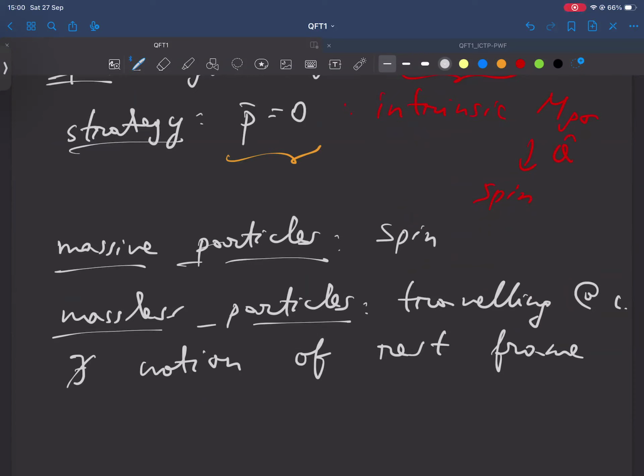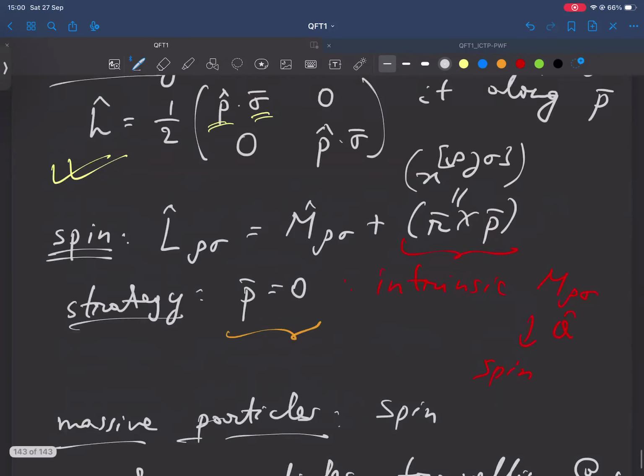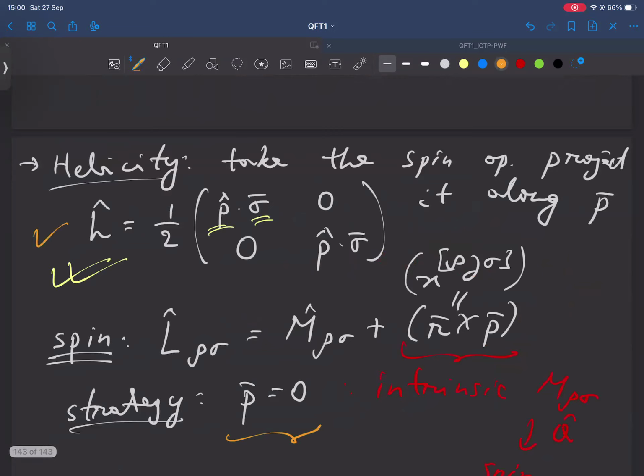And because of that, this way of defining the spin of a particle, which is essentially computing this operator, then going to the quantum picture and setting the momentum to zero, which is like going to the rest frame, doesn't work out, because there doesn't exist a nice rest frame for a massless particle. It's ill-defined. But this kind of object still works, because the massless particle still has a momentum.